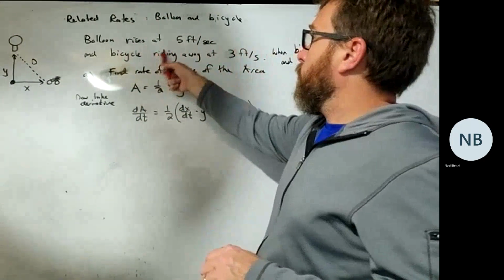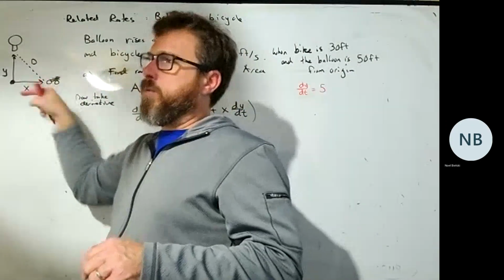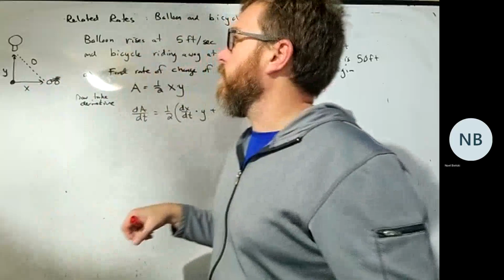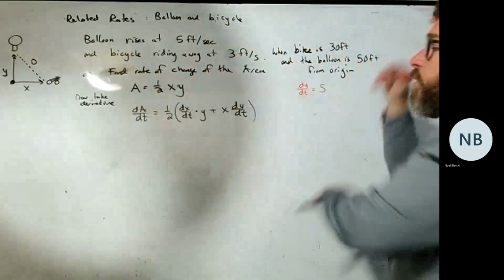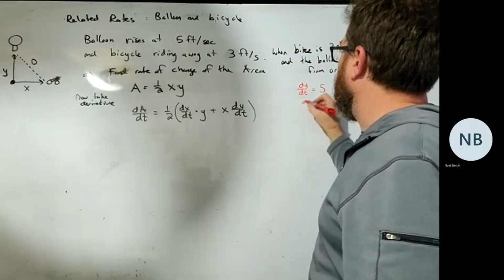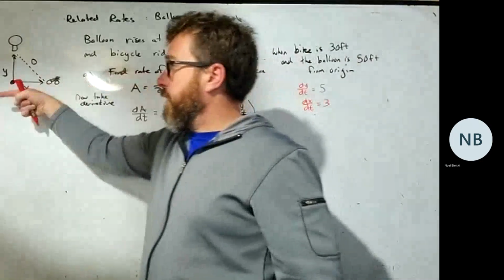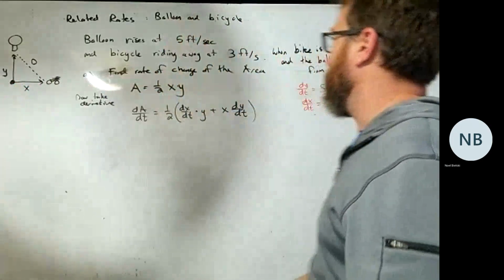I know that the bicycle is riding away, so since x is getting bigger, I should have made it going this way so we could have seen a negative, but it doesn't matter. Since it's going away at 3 feet per second, I know that dx/dt is going to be positive 3. And again, if the bike was running this way, it would be a negative 3 because x is getting smaller.